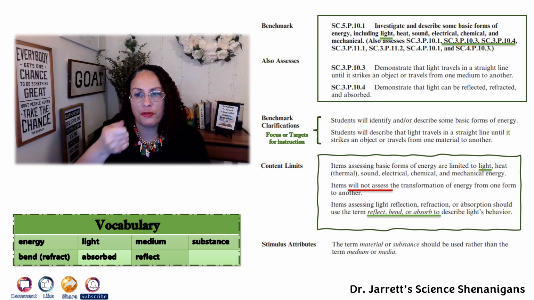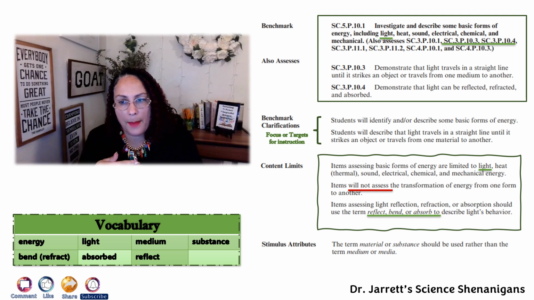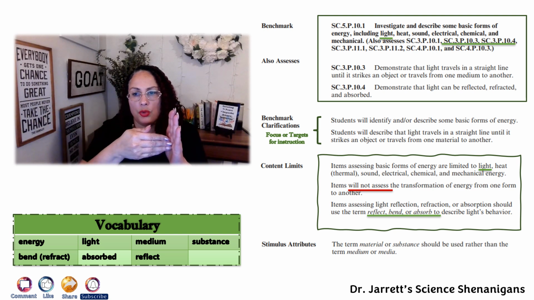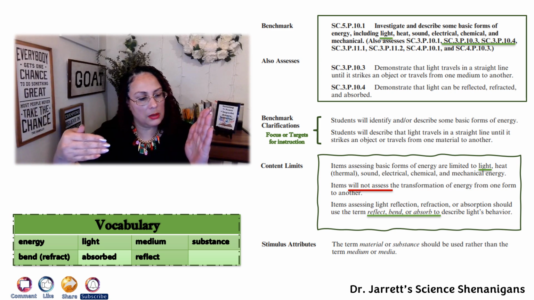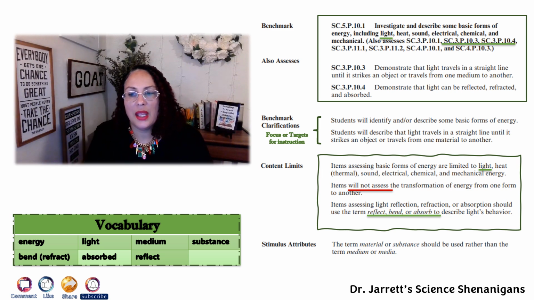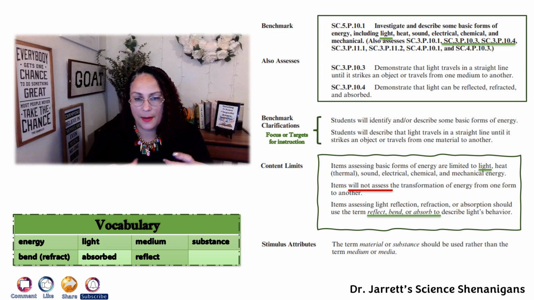If I flash a light at a black piece of paper, what is going to happen? Also, they usually have mirrors where you take the flashlight, shine it to the mirror, and then it is reflected onto something. And so the students are able to see reflection, bend, absorption in real life, actually doing the activities in class.